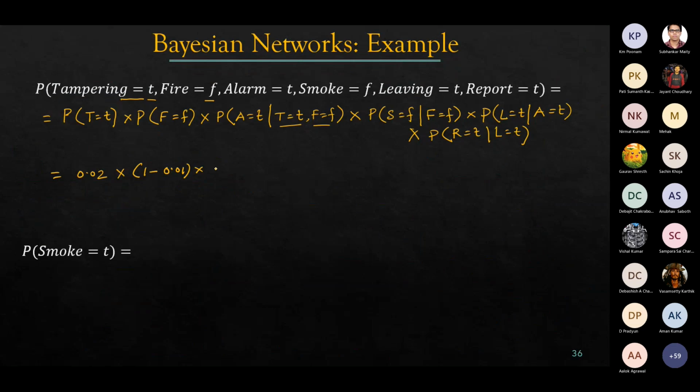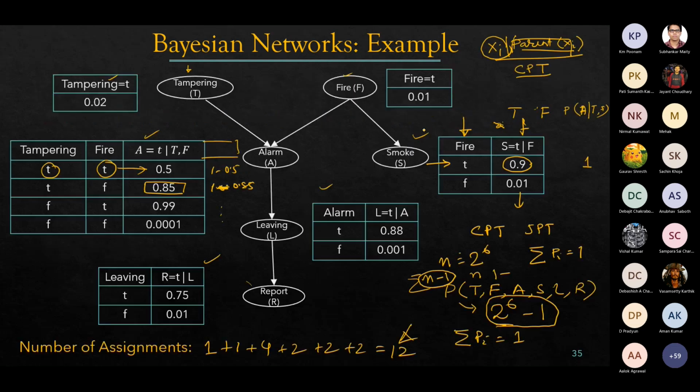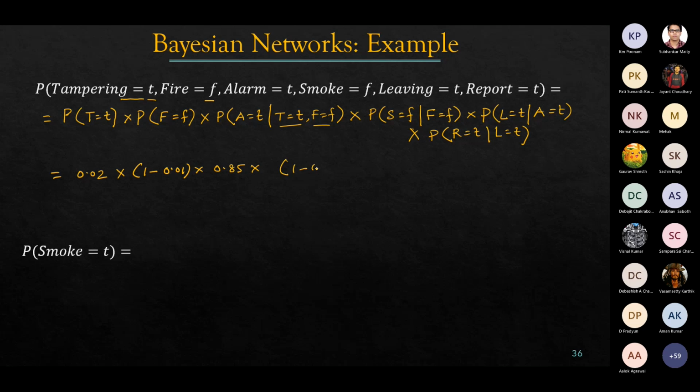No, this will be only 0.85, right? Smoke F given fire F, so this value, but 1 minus this value, right? 1 minus 0.01.